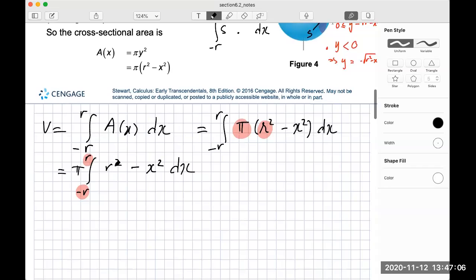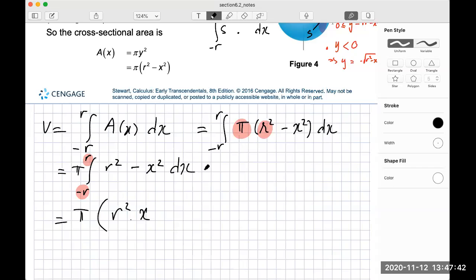Let's try. So what is the antiderivative of R squared? It's simply a constant. R cubed, is it right? It is a constant. R squared and, yeah, X, right?